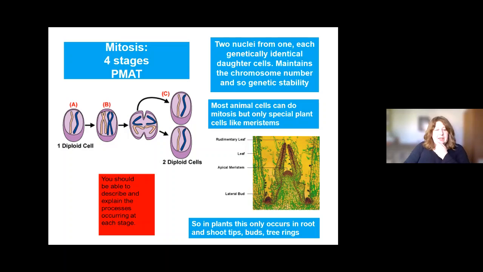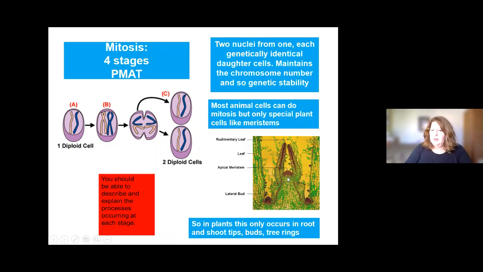Now, most animal cells will carry out mitosis, so most cells in the body will carry out mitosis, as you know, maybe for growth or repair or replacement, but mitosis only occurs in specialist parts of the plant. I've shown you a little image here of a growing tip, a shoot tip of a plant, and you'll see there are some leaves at the side, and you've got the growing tip there.